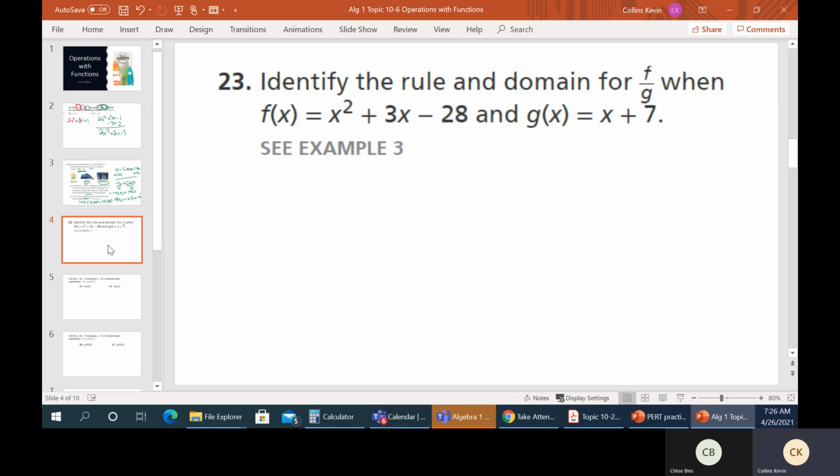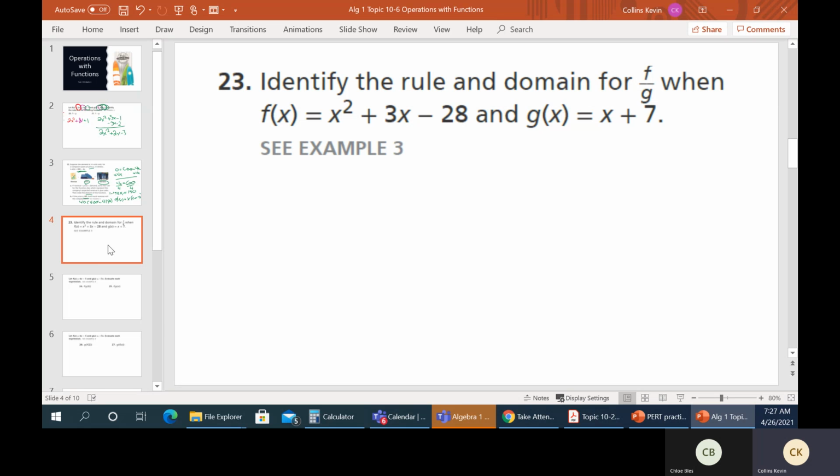All right, so this one says identify the rule for the domain when we have f over g. And then it says f of x equals x squared, my bad, x squared plus 3x minus 28, and g of x is x plus 7.